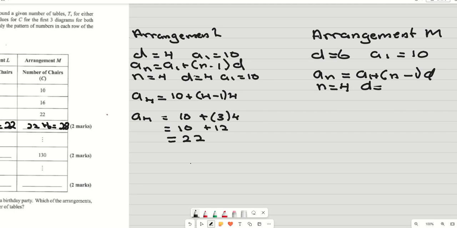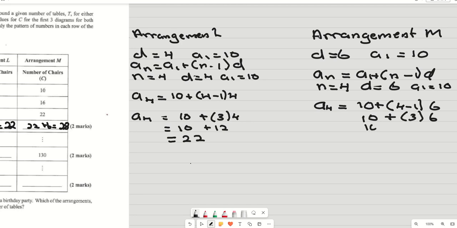So n is equal to 4, d is equal to 6, and A1 is equal to 10. So you're going to put it, A4 would be 10 plus, open bracket, 4 minus 1, by, not d, but 6. So that's 10 plus 4 minus 1 is 3, and 3 by 6 is 18, so that's 10 plus 18, which is equal to 28. And that is how you get 28 here.